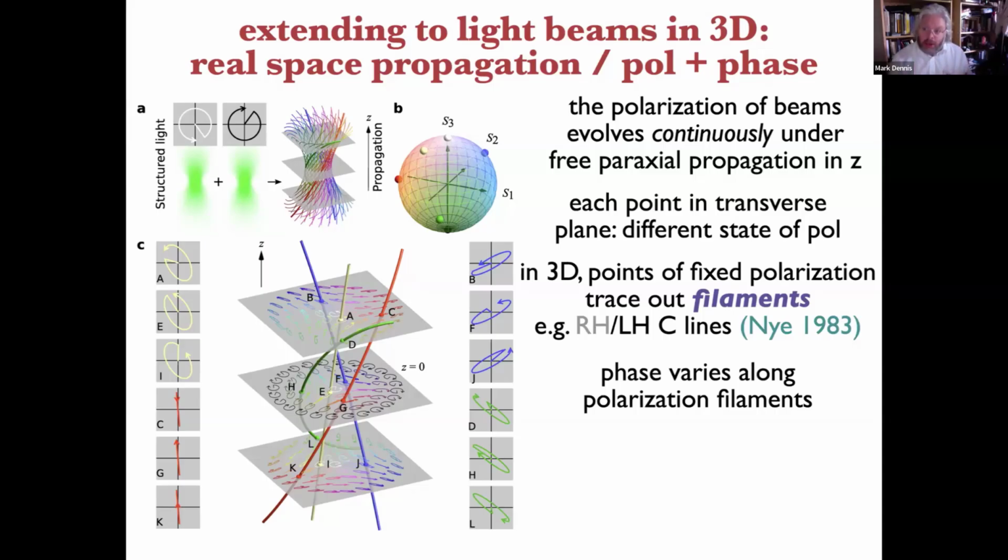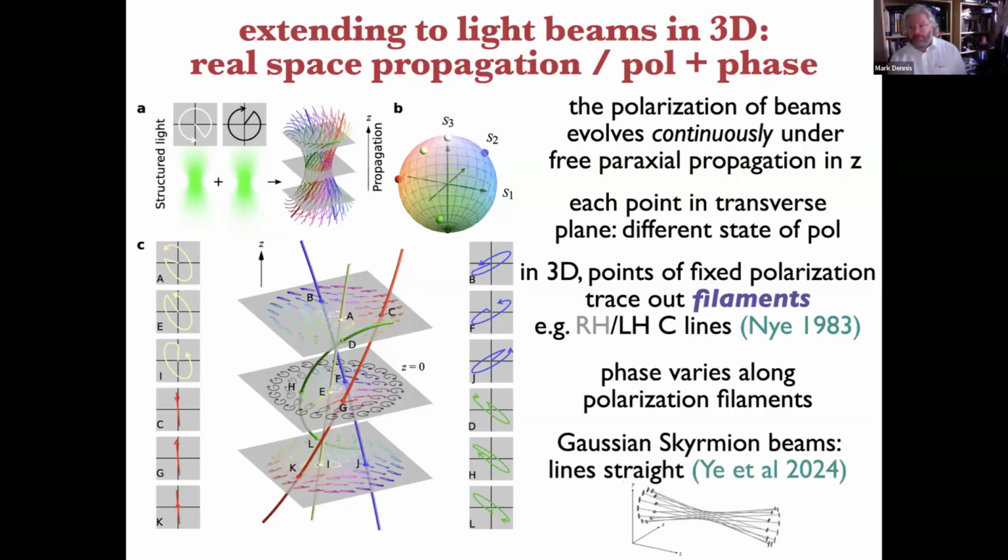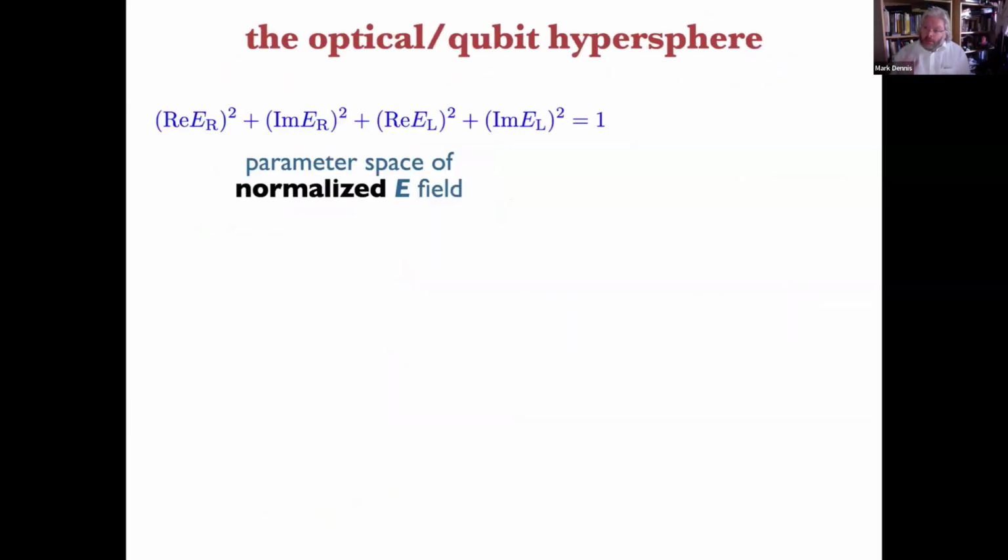Any 3D polarization pattern which is paraxial will have this filament structure, where each of the filaments corresponds to a single point on the Poincare sphere. But if we include the phase, and think of it as being normalized, the space we're in is actually a space where the sum of 4 squares equals 1.